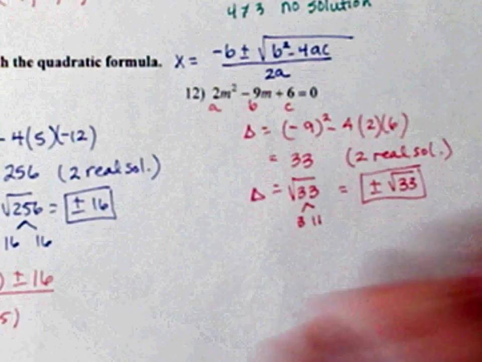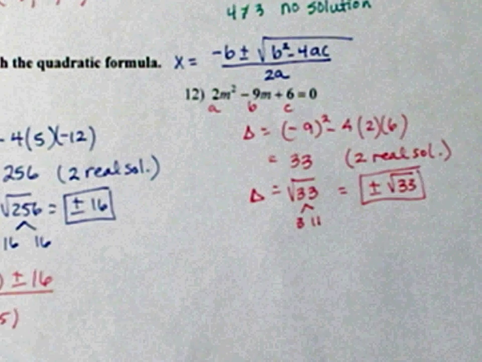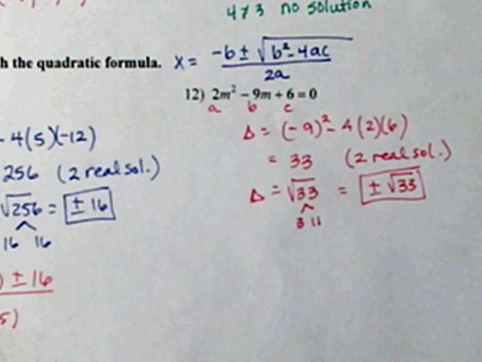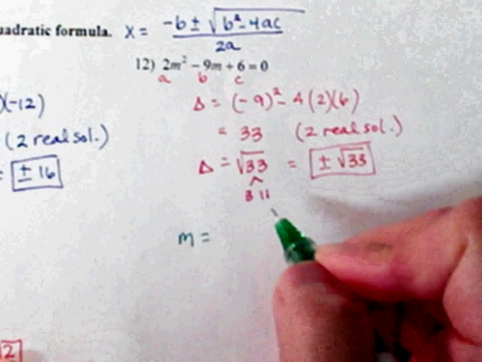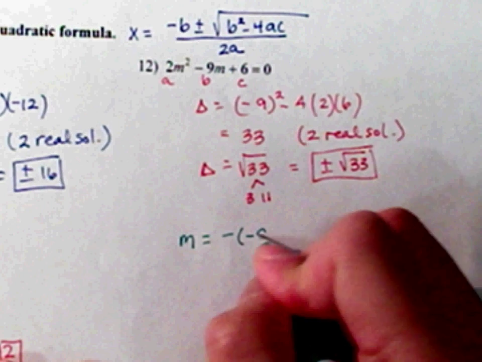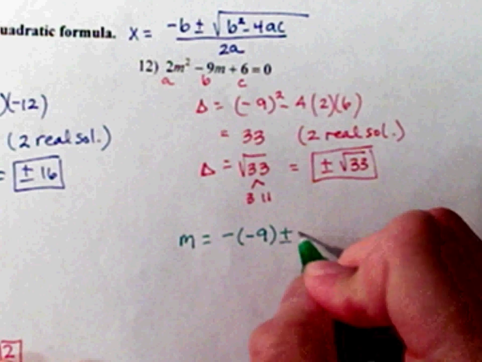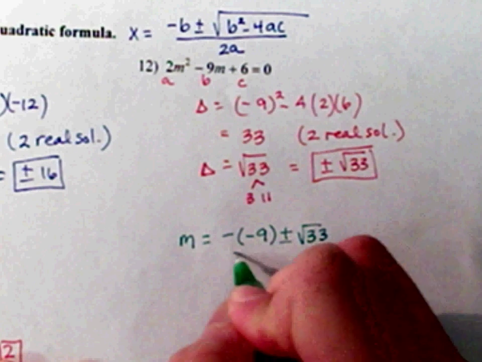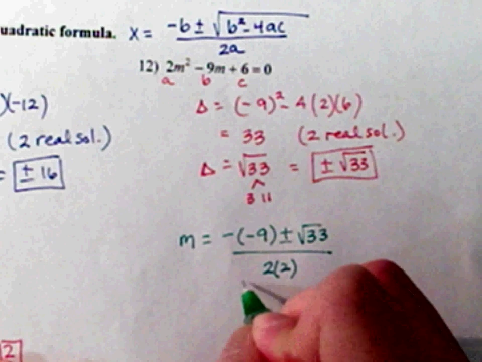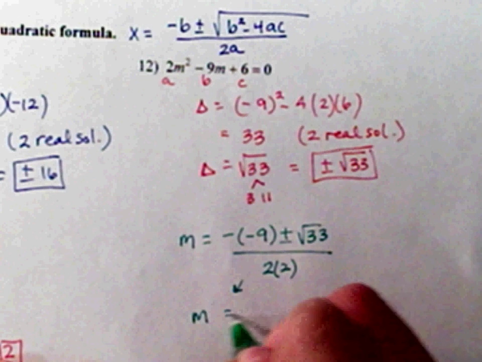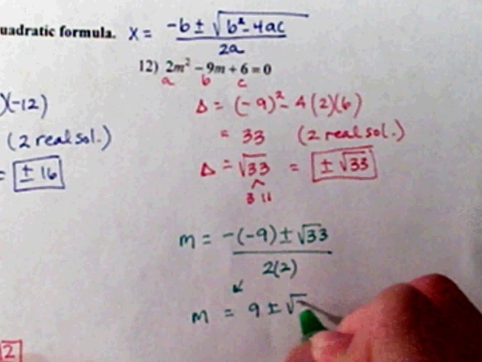Plug it into your quadratic formula. So you'll have m equals negative b plus or minus square root of 33, all of it over 2 times 2. So here's your first answer. m equals 9 plus or minus square root of 33 over 4.